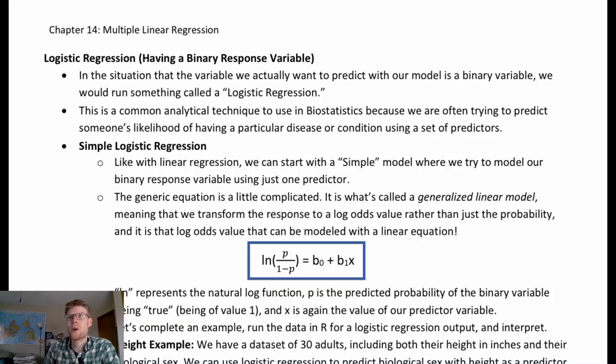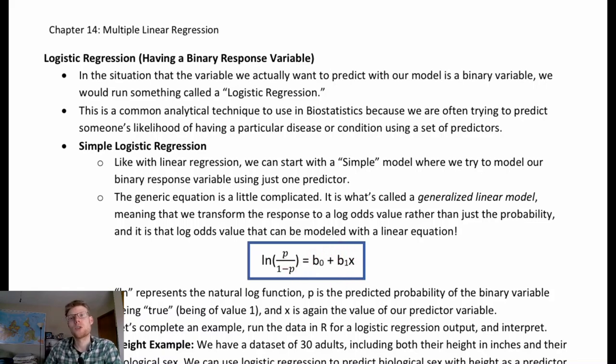Just some more background, this is what's called a generalized linear model, where our response variable would be zeros and ones, or at least those are the different outcomes that we could see for our response variable. But we're not actually using that as the simple result over here. Instead, we're using some equation of the response and then predicting it with a linear equation.